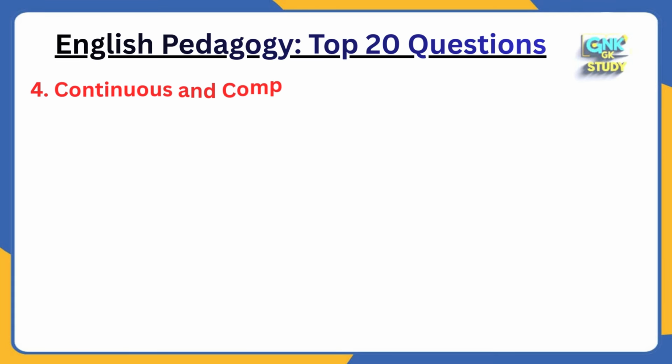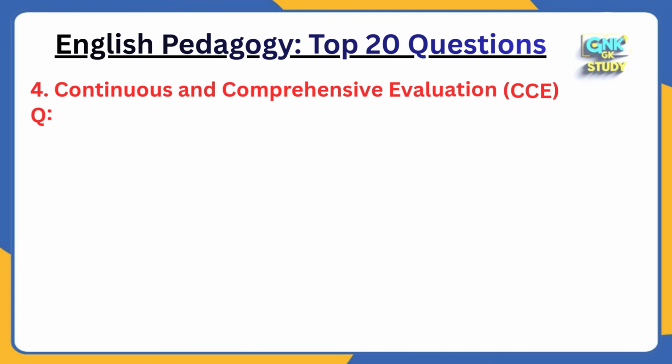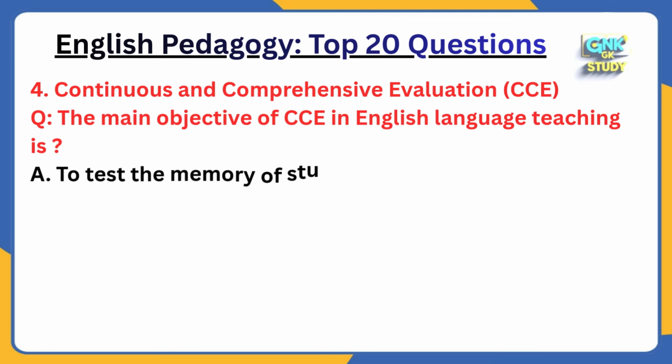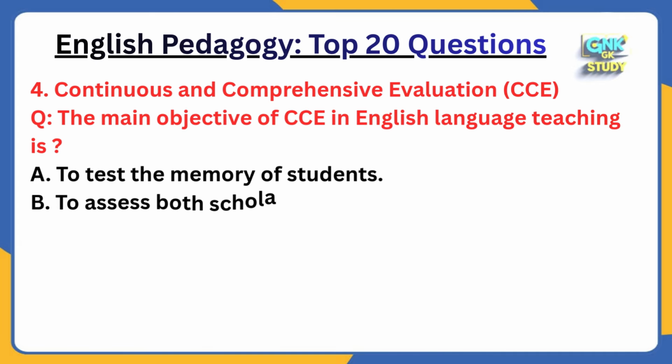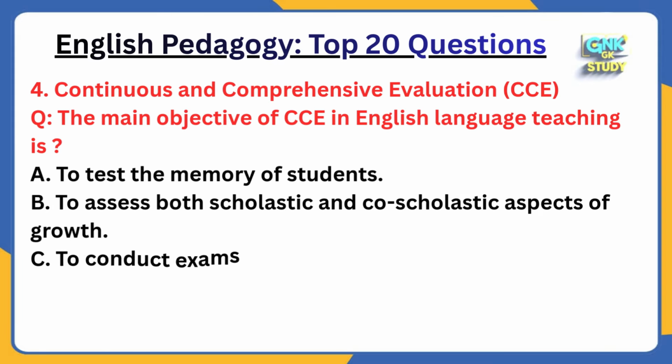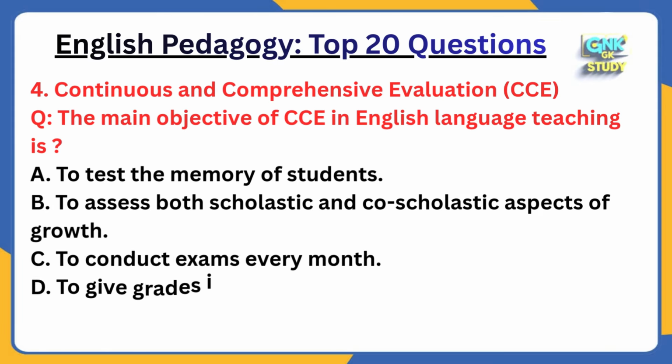4. Continuous and Comprehensive Evaluation, CCE. The main objective of CCE in English language teaching is A. To test the memory of students. B. To assess both scholastic and co-scholastic aspects of growth.